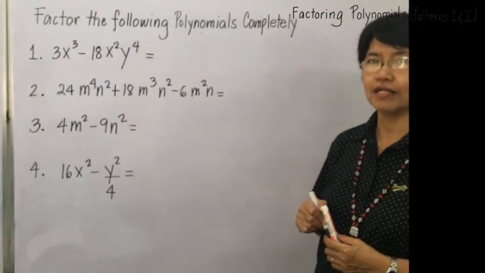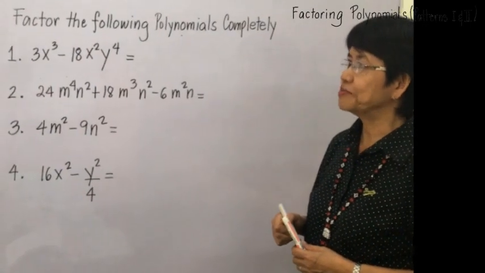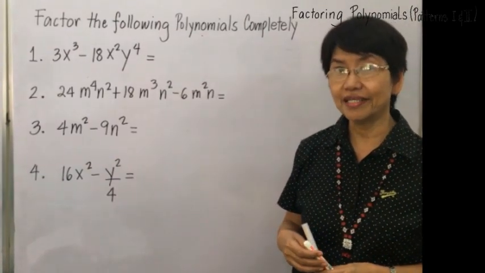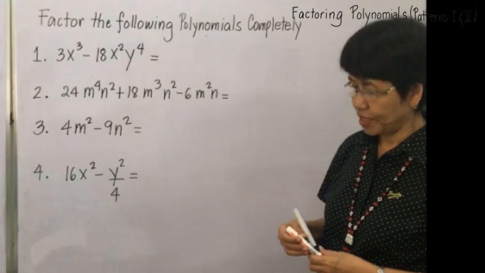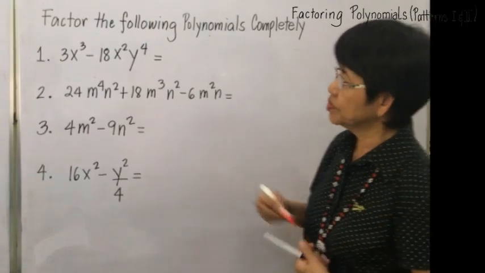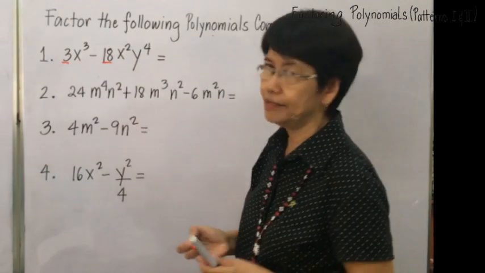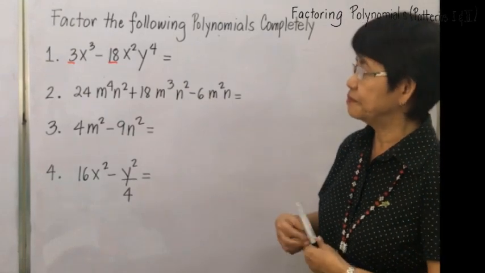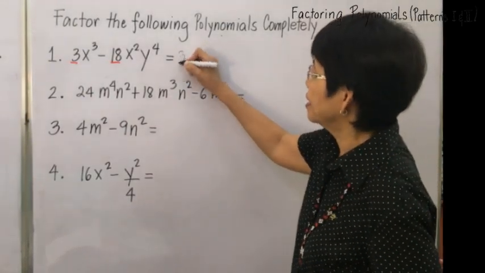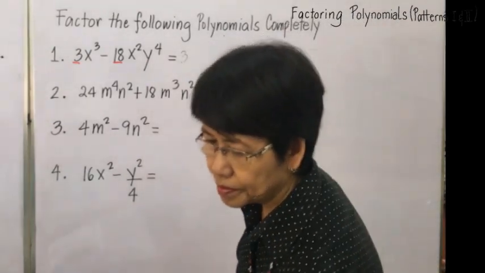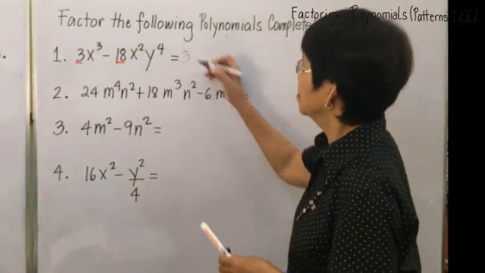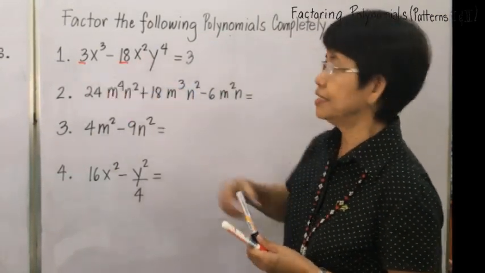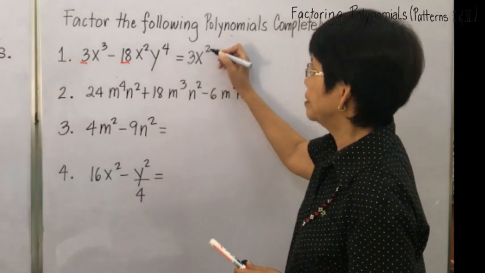Factor the following polynomials completely. Number 1. So, this is an example where you can get the common monomial factor. And you have the numbers 3 and 18, the numerical coefficients. The GCF of that is 3. So we get 3. And then the least power of x is x squared.